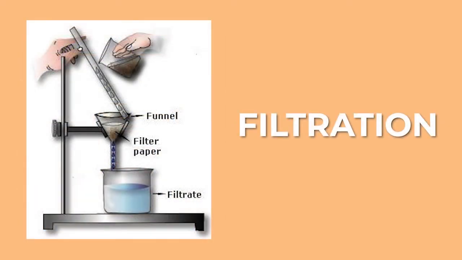Filtration. This technique uses a filter paper or mesh cloth to separate two components. This tool contains pores or holes that are big enough to let the liquid pass through and are small enough to retain the solids. The liquid that is collected is called the filtrate, while the solids are called the residue.